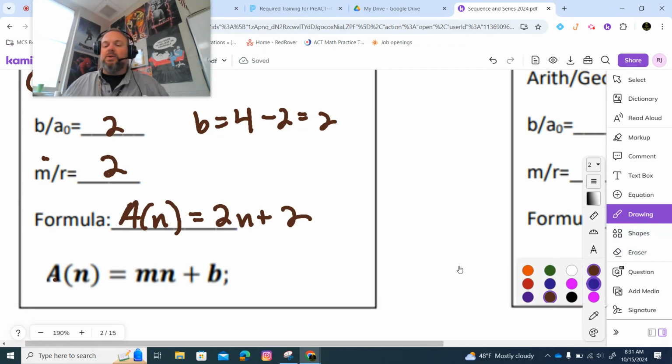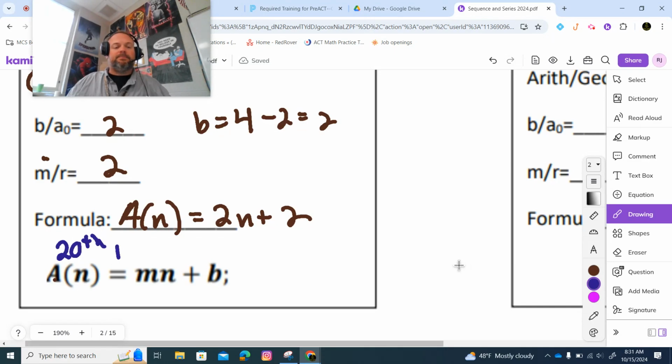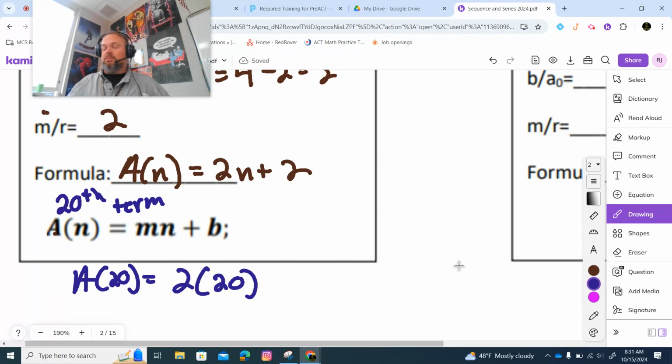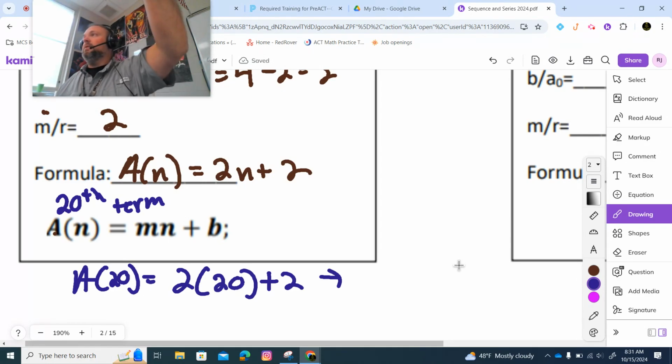Okay, so if I want to find the 20th term of this, I would say a sub 20 is 2. You would actually plug in what that number is, and it would be that number. But we're not doing that.